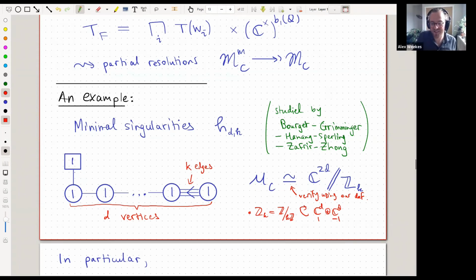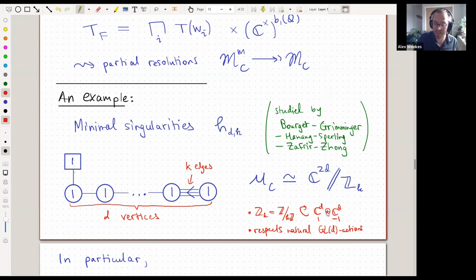Another thing you can see here, which I'm sure is how these people were thinking about it as well, is that this also respects natural GL_D actions. When I write this isomorphism, I mean, we're using our definition to check this. On the right-hand side, there's a natural action of GL_D, which just acts on one of the C^D's.